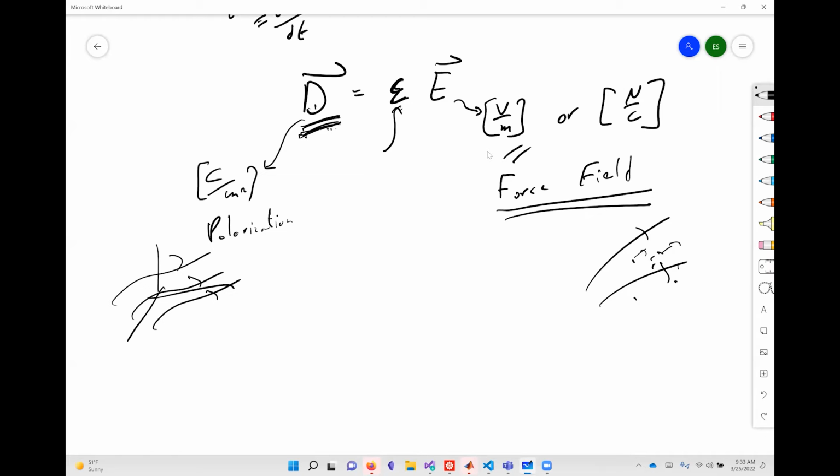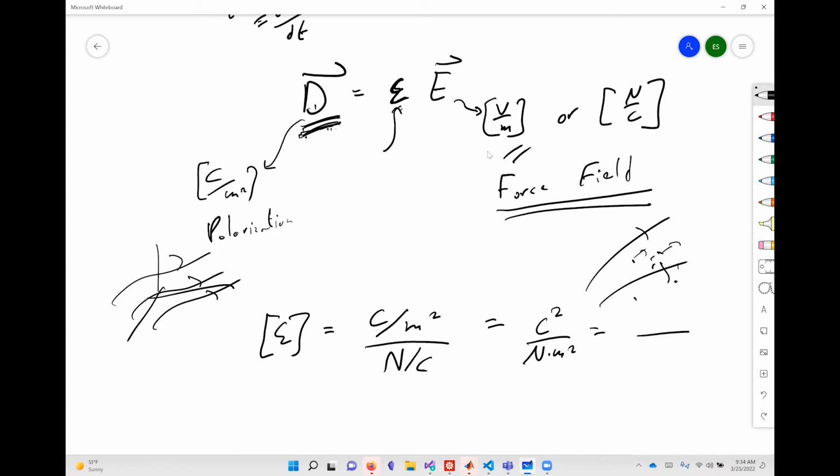So remember, when we discussed the units, epsilon has units of Coulomb per meter squared, right? This is the units of D over the units of E. Let's put the old units, Newton per Coulomb. So this equals Coulomb squared over Newton meter squared. And we said we can take the meter out.